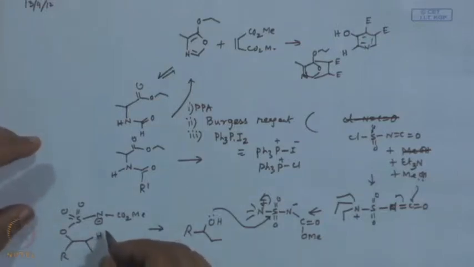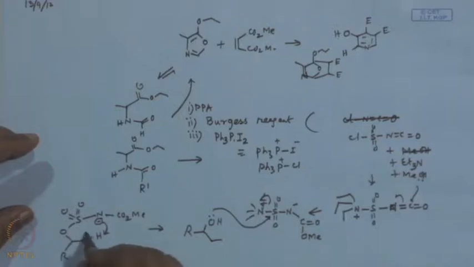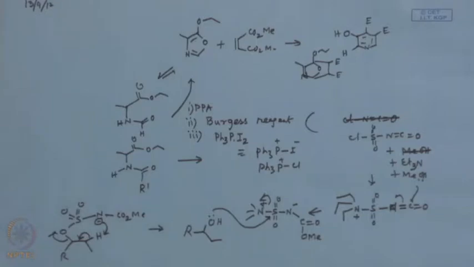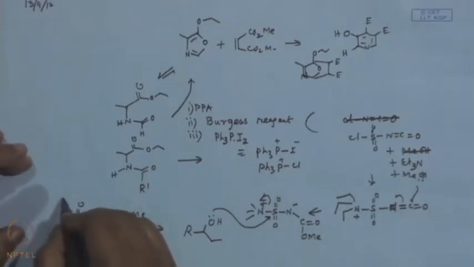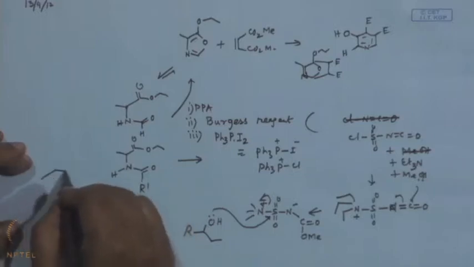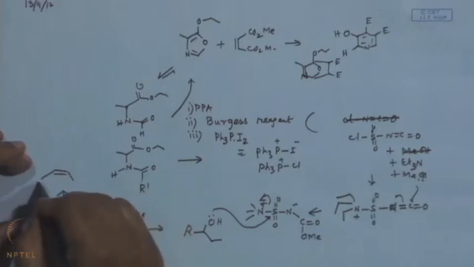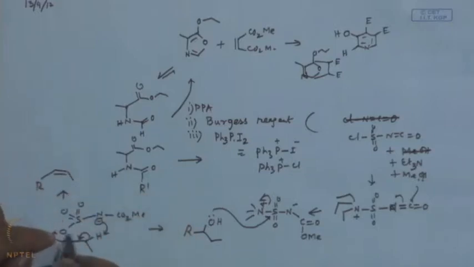Basically, you have an intramolecular hydrogen transfer or abstraction, then a beta elimination, and the sulfonate comes out. Eventually what you get is like this R here, and this elimination of oxygen and hydrogen takes place in a cis fashion, a syn elimination.